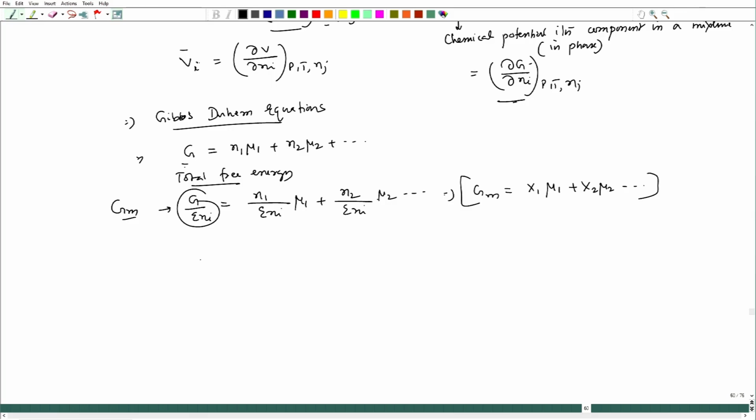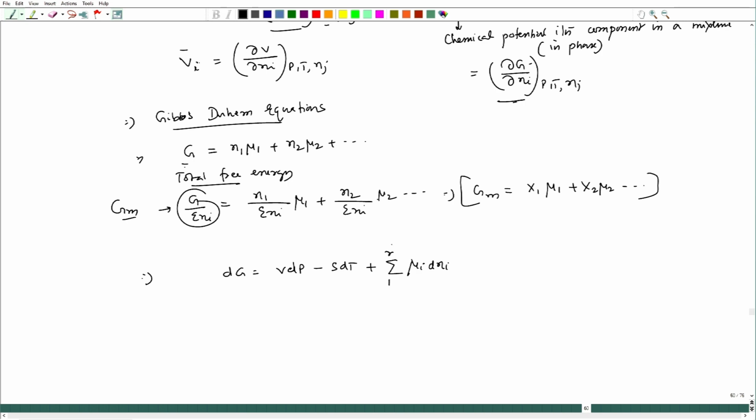So, we know I can write a generic equation, whether it is a closed system with varying composition, or an open system where matter can exchange between the surrounding and the system. So, the generic equation becomes dG equal to V dP minus S dT plus summation of mu i dNi, where i goes from 1 to n.